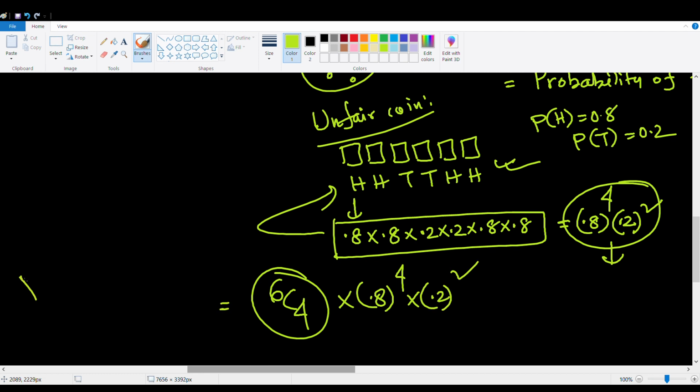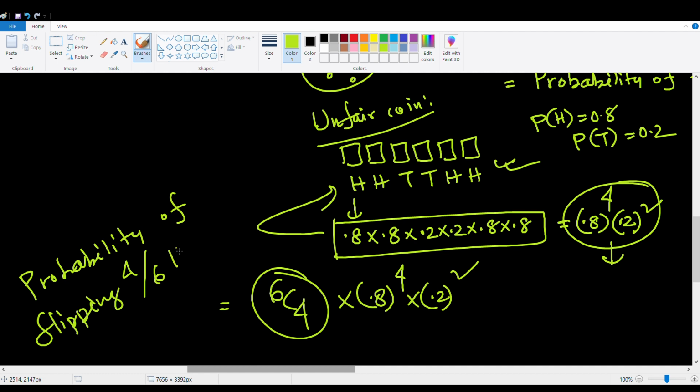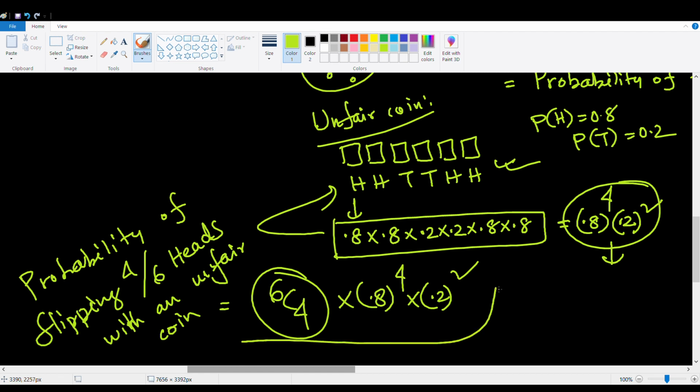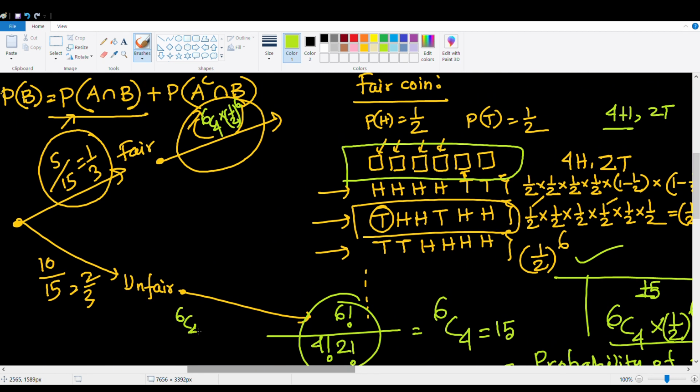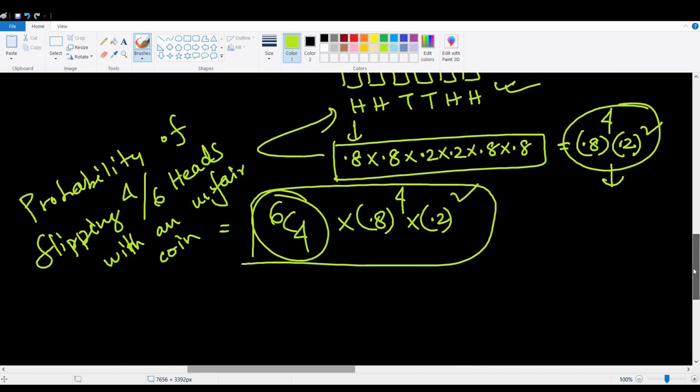So this is the probability of flipping 4 out of 6 heads with an unfair coin. Okay, so let's put this probability in the tree again. Here's the tree. So it's 6C4 times 0.8 to the power 4 times 0.2 square. I hope I didn't make any mistake here.